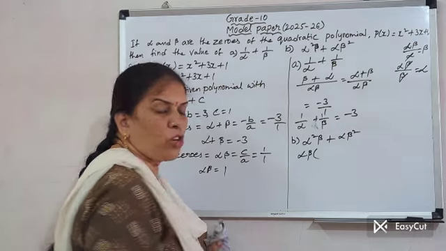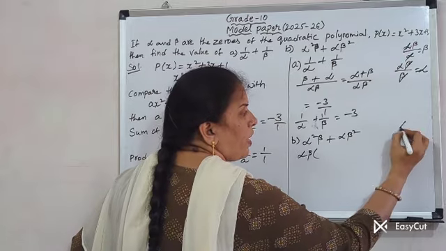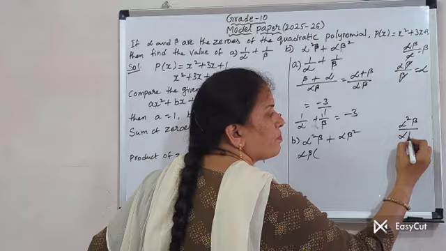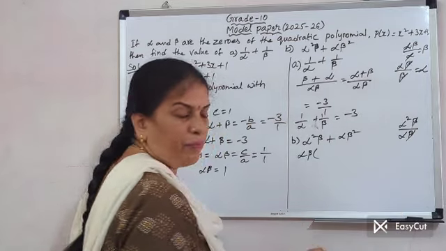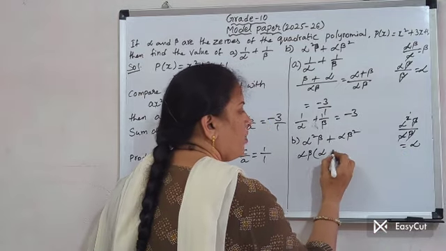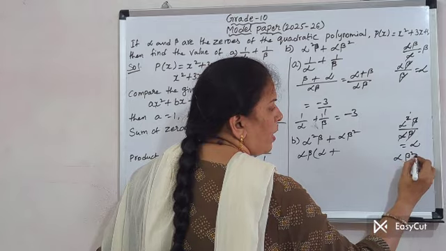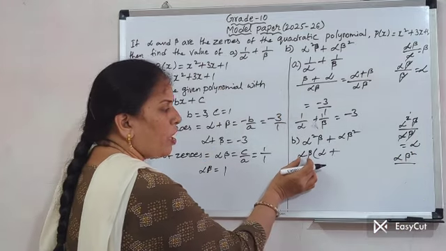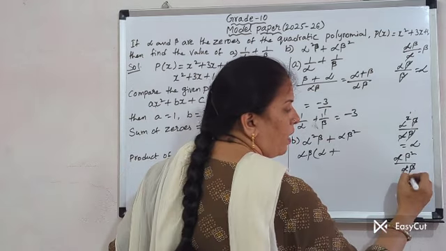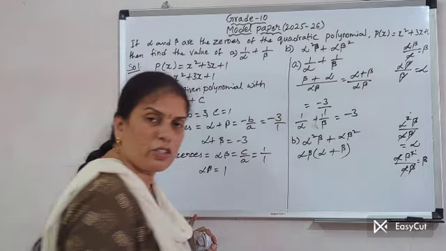Here also many members get confused about how much to take common. Alpha square beta divided by what we took common, alpha beta: beta cancels, one alpha is there, and 1 will be there. So alpha plus 1... understood? Now alpha beta square divided by what we took common, alpha beta: alpha cancels, one beta cancels, and beta remains.